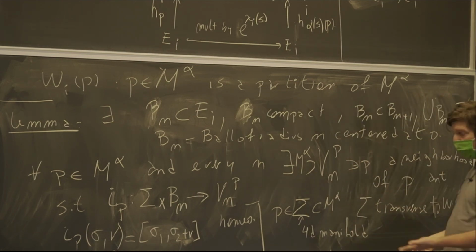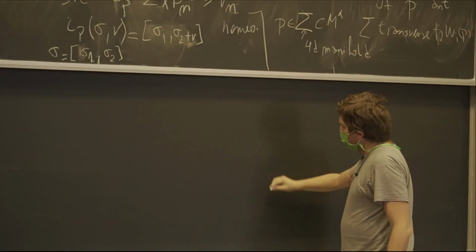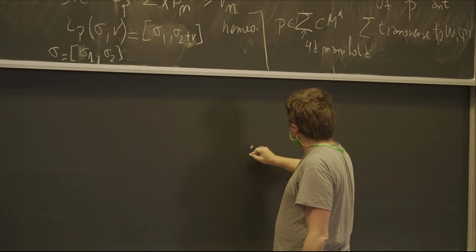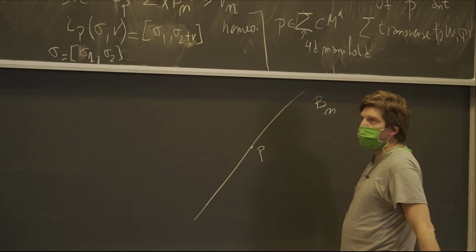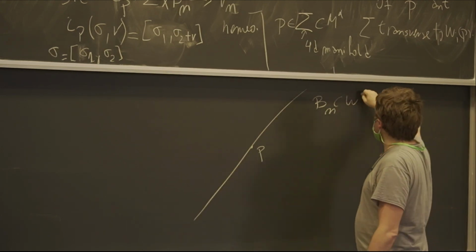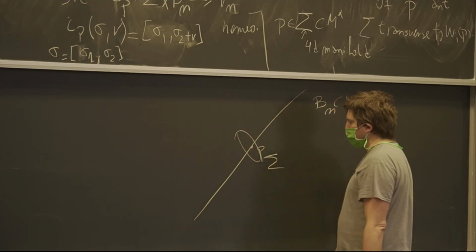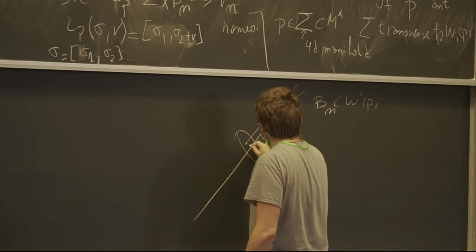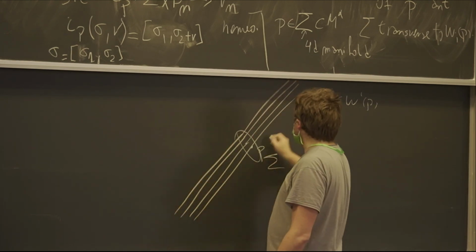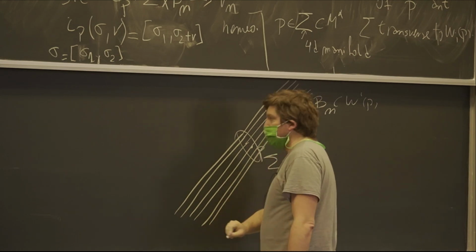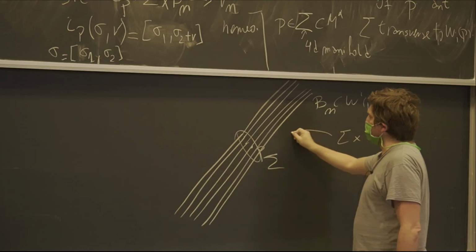So let me draw the picture of what I want with all this writing. Here is P. Here is the Bn going through P inside Wi of P. Here is sigma, some 4-dimensional manifold, and for every point here I just draw the line here, and this is going from sigma times Bn into the manifold.